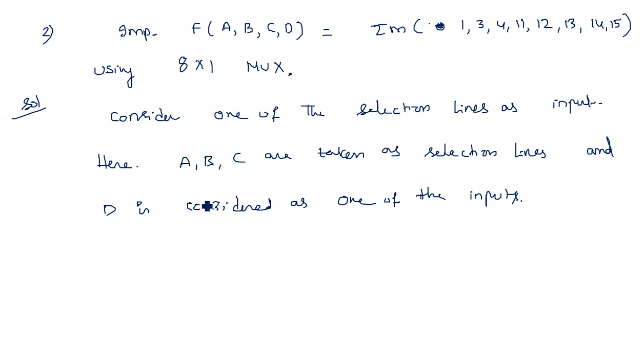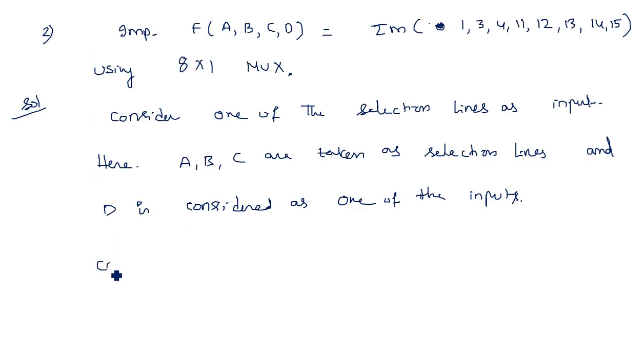Then we can implement with 3 selection lines, 2 power 3 means total 8 inputs are there, and D will be one among those. Now let us consider the truth table for the function f.